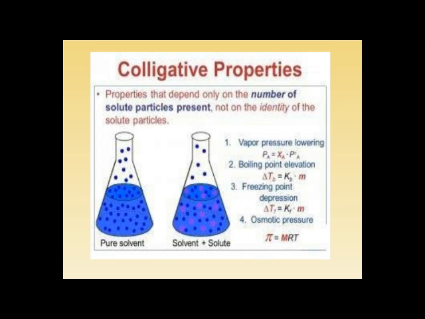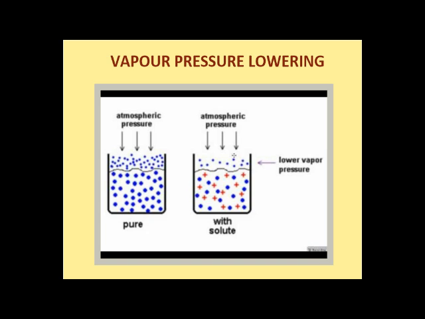First, when we see about vapor pressure lowering, when we add solute particles to the pure solvent, because of interference of solute particles with the solvent surface, the vapor pressure of the solvent decreases when we compare it with the pure solvent.